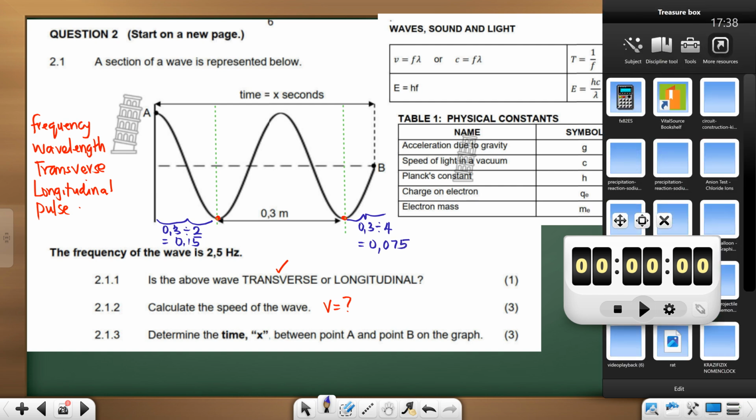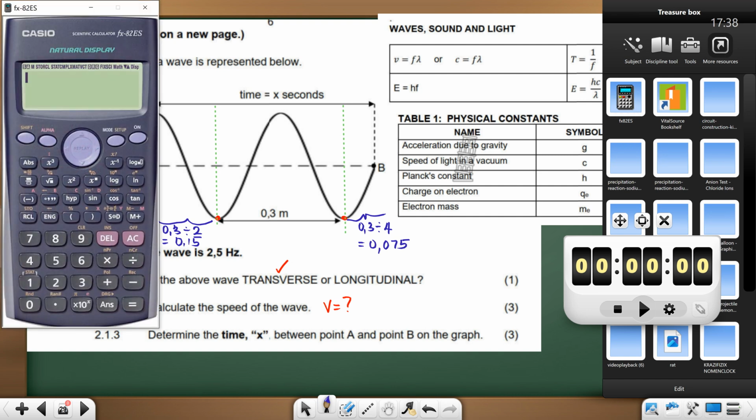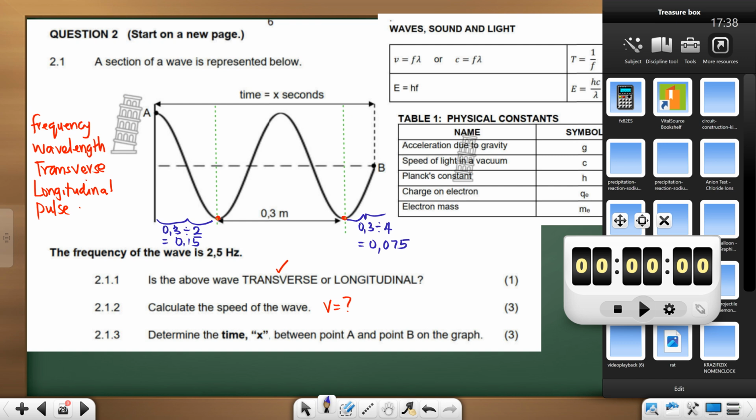Before we continue, let me know if my measurement makes sense with you. Please, thumbs up, thumbs down. Let's pause a bit. Is my measurement making sense with you? The wavelength is 0,3. But if we check the other part, I've got half and I've got a quarter.